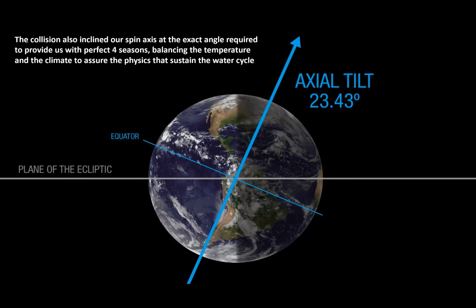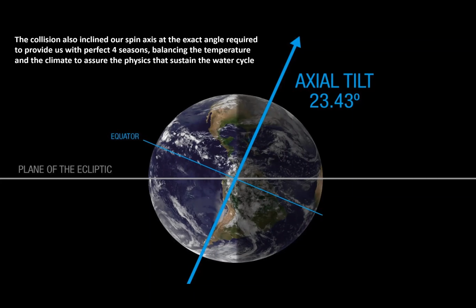And the planets are circulating the sun in their orbits, but they are also spinning on their own axis. And usually in the universe, we see planets with different inclinations of axis. But because of the collision, our axis was inclined at exactly 23.43 degrees. And why is this so important?